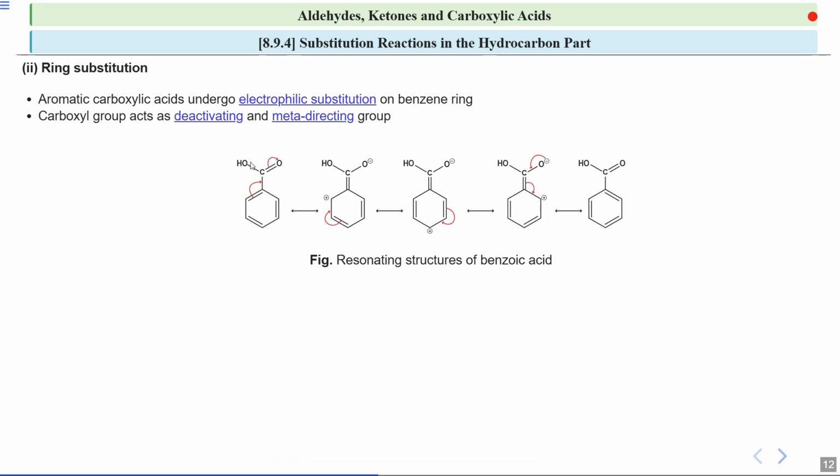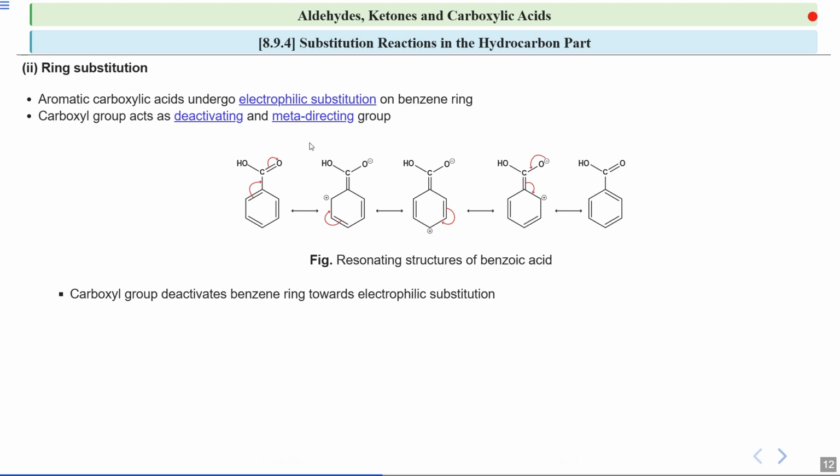This carboxyl group is also a meta-directing group, which means it influences where on the ring the substitution is more likely to occur. If you look at this particular figure, you will see the resonating structures of benzoic acid. When you carefully look at the structures, you will see positive charge on the ortho and para positions and not on the meta position. That is why it is meta-directing.